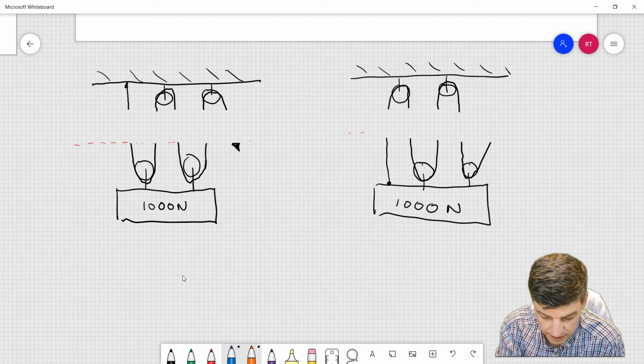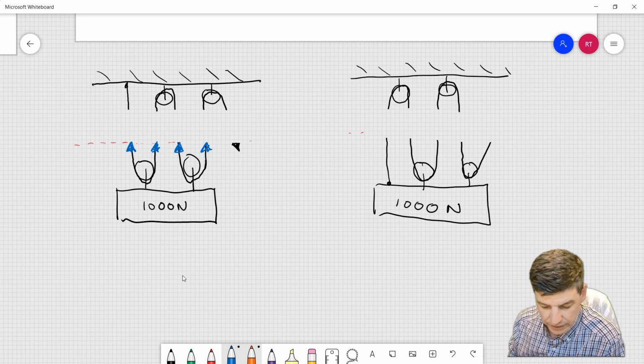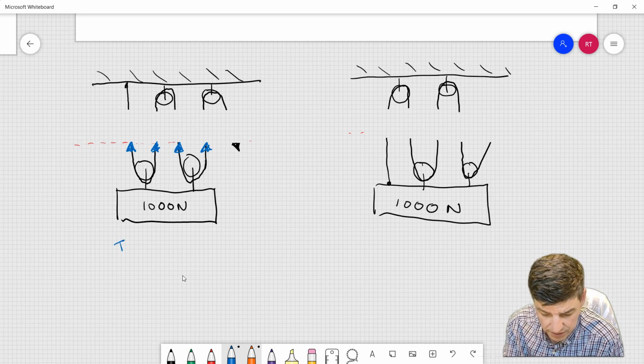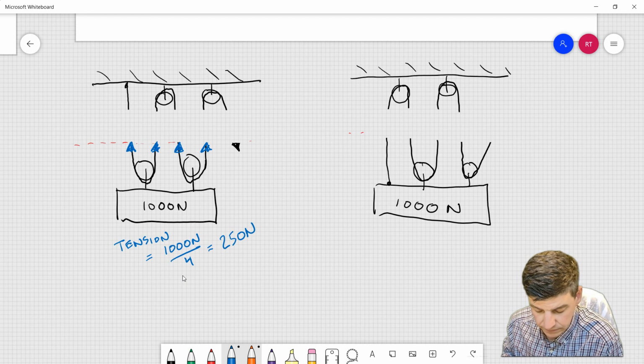Well, in this case, I've got 1, 2, 3, and 4 lines that are holding up the object. So if I was to find out what the tension was, the tension is going to be the 1,000 newtons divided by 4. So in this case, 250 newtons.